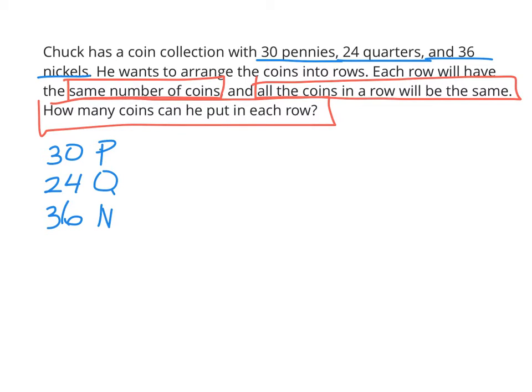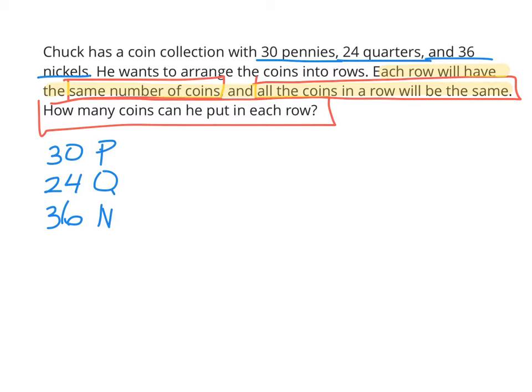And of course, remember that each row will have the same number of coins and all the coins in a row will be the same. So now turn and talk to your partner about how you think we can use this information in order to solve this problem. Pause this video until you're ready.